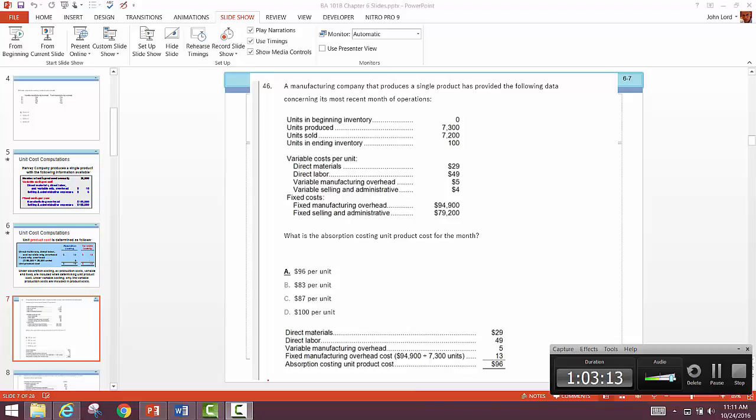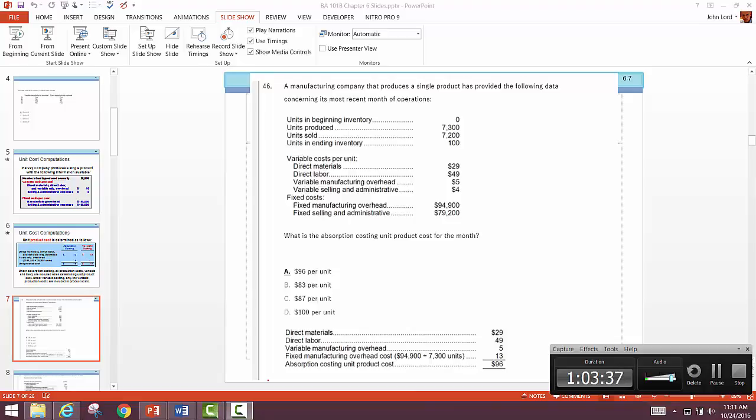Okay, now if we do the same thing with variable costing, now it's this $83. This is less the fixed manufacturing overhead. Isn't that the only thing that's different on this whole thing? So you take the fixed manufacturing overhead, you don't include it, and so that's 605,900 that goes to work in progress.